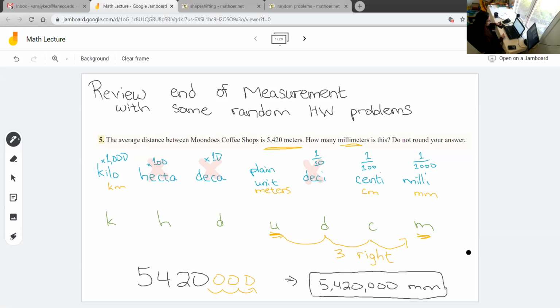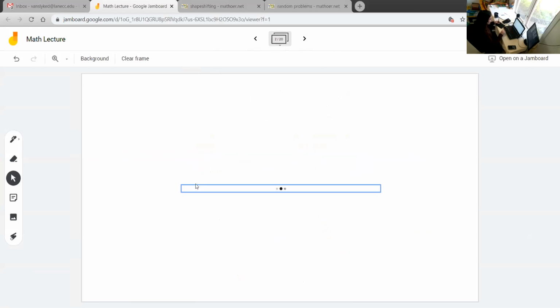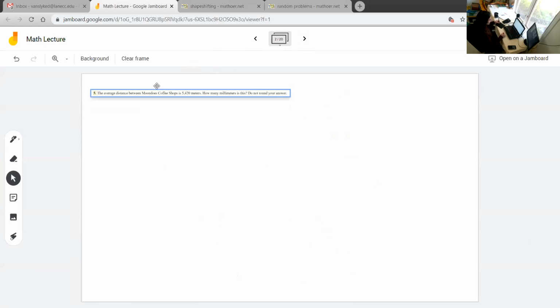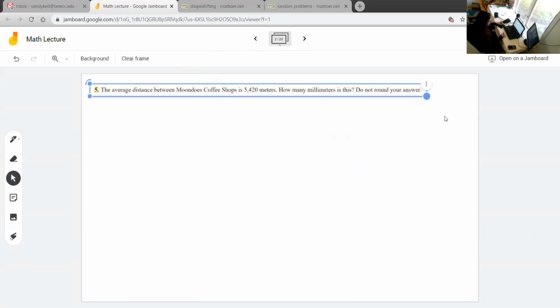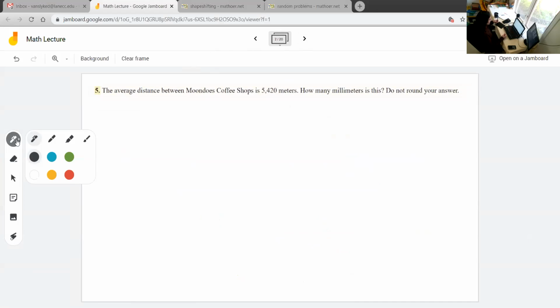Let's do it again with what you would actually write on your page, okay? So all you have to write is those letters: K, H, D, U, D, C, M. We are going from plane units to millimeters, 1, 2, 3.